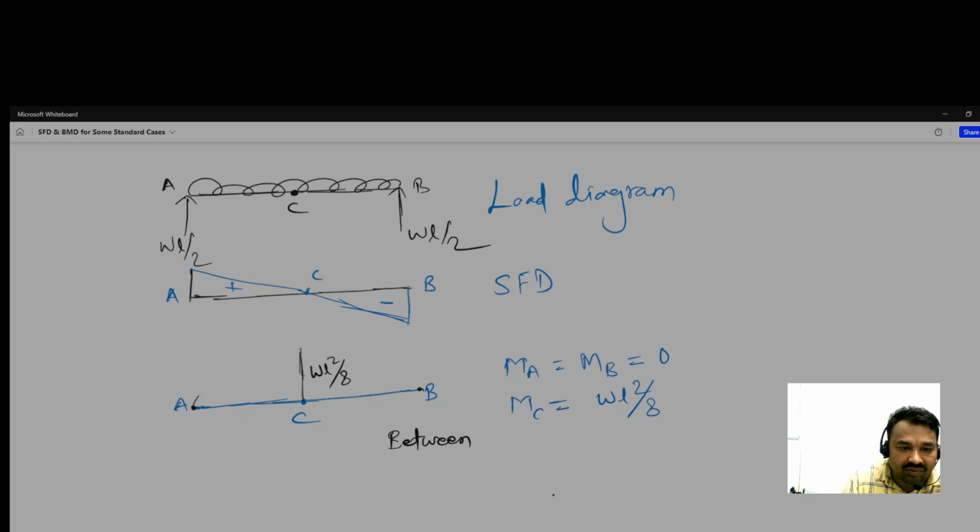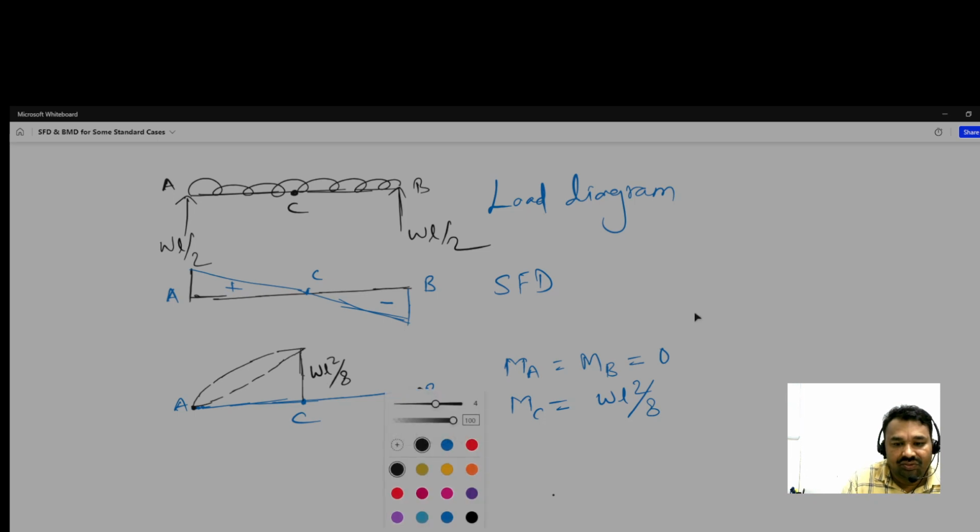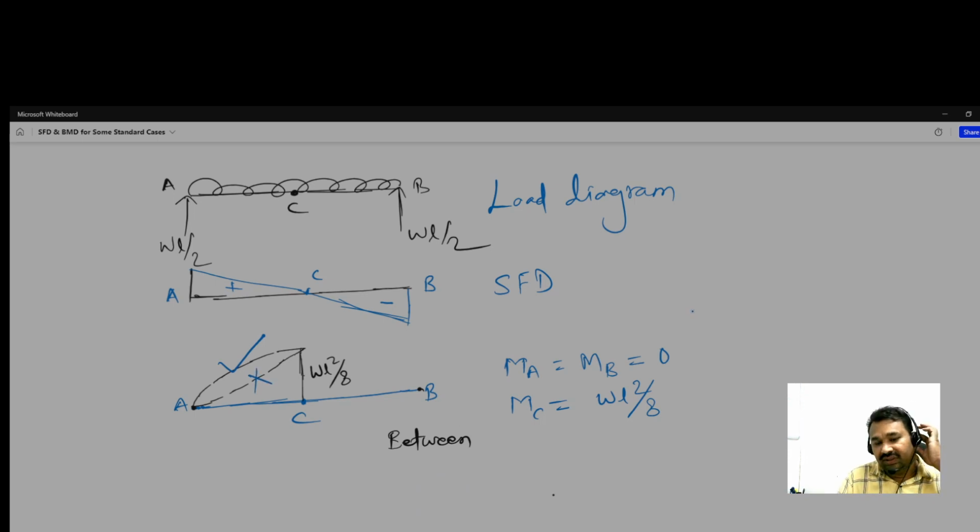It will be either like this or like this. Which one is correct? Correct is this one, and this one is wrong. So this is based on what?